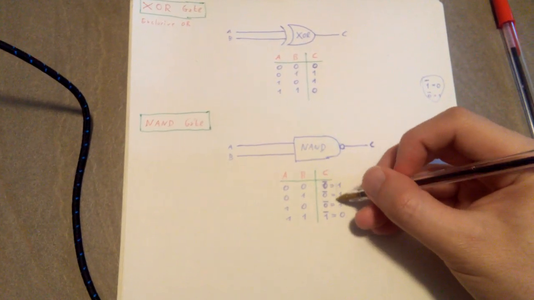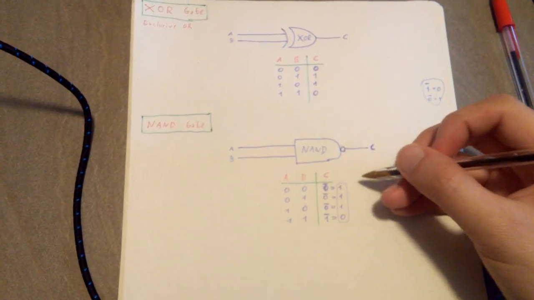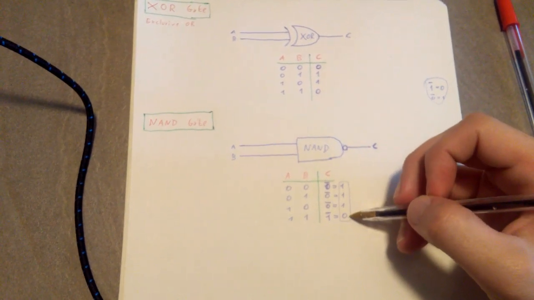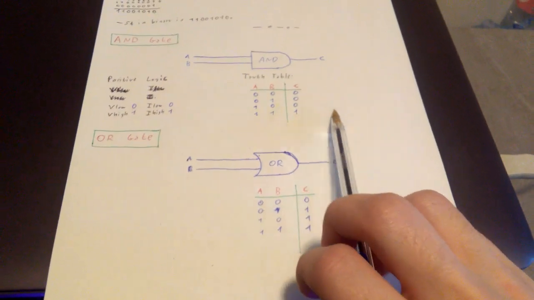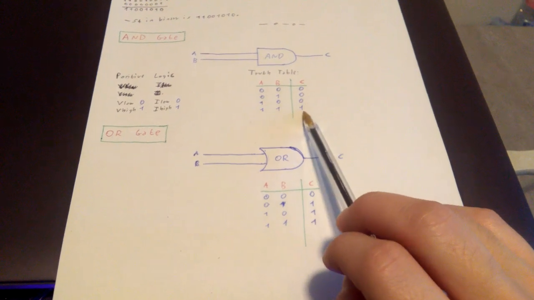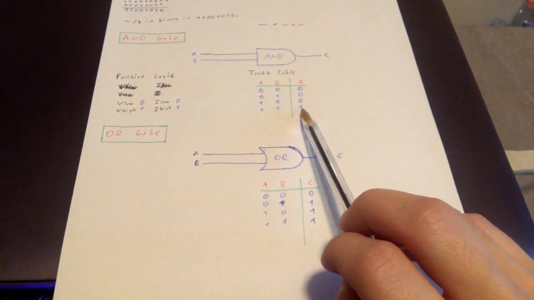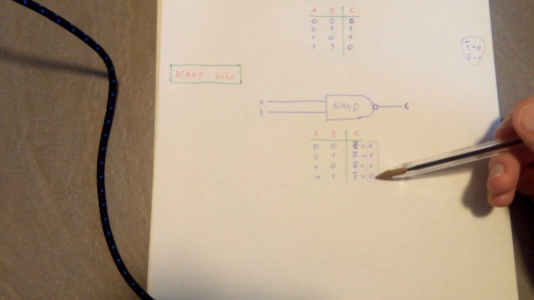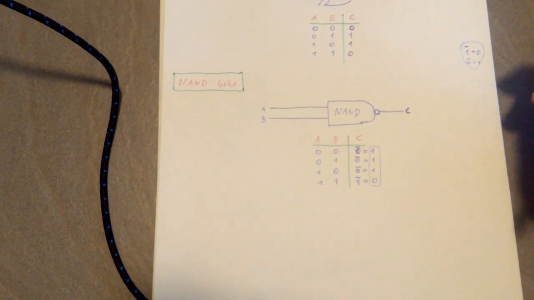So the output of this will be all 1 except for the 0 here at the bottom, which is exactly the opposite of this one. The normal AND gate will have all the zeros except for the last one, which is 1. In this case, we have all 1 except for the last one, in which we have 0.